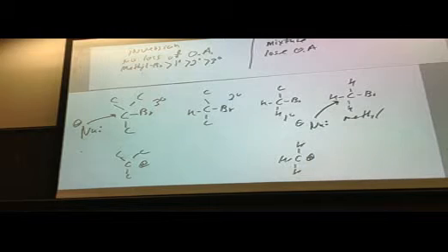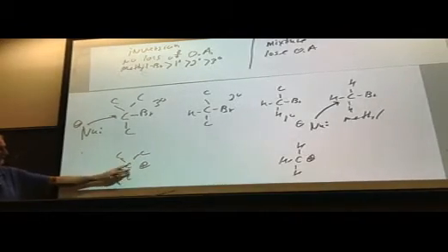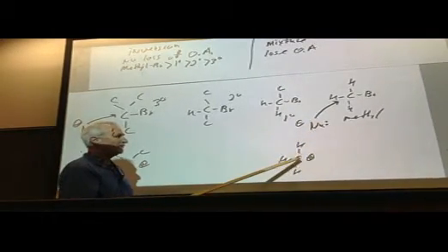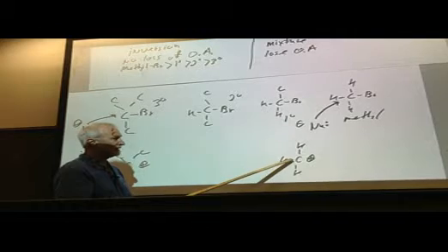The more carbons you have attached to this carbon, the more stable it is. These carbons push electrons into this carbon and minimize the positive charge. Hydrogen can't do that. So 3rd degree alkyl halides form 3rd degree carbocations, which are very stable, while methyl halides form methyl carbocations, which are extremely unstable.